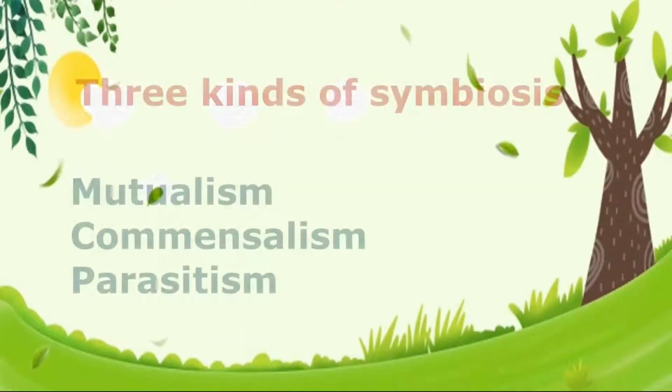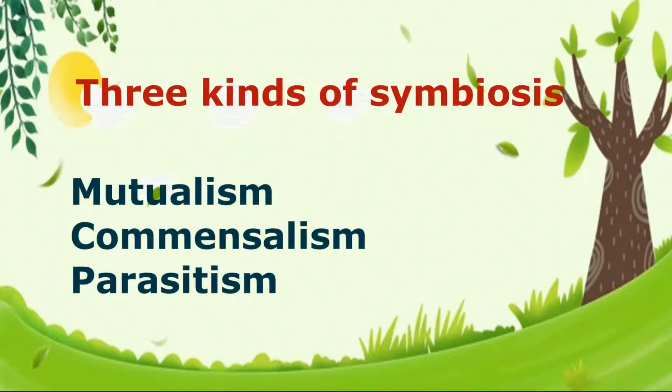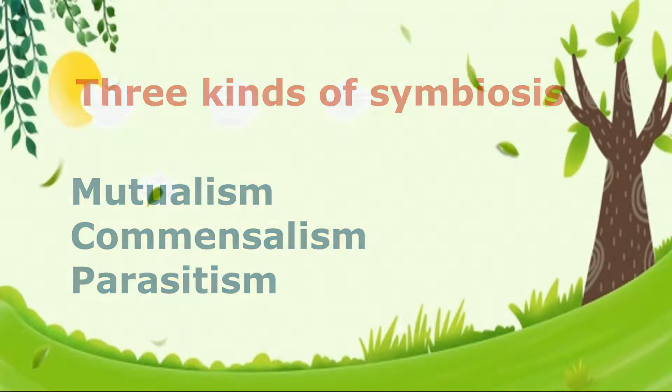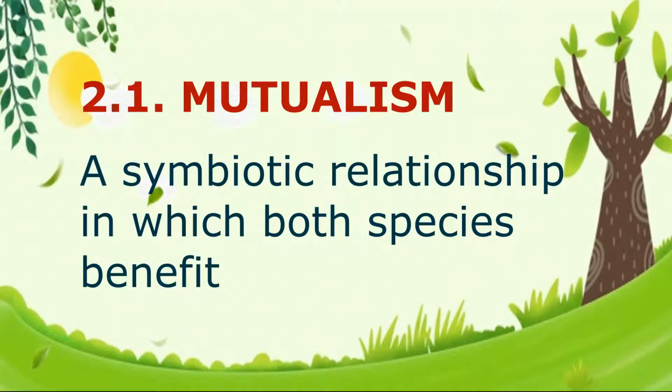There are 3 kinds of symbiosis: mutualism, commensalism, and parasitism. Let us discuss them one by one. First, mutualism. A symbiotic relationship in which both species benefit is called mutualism.